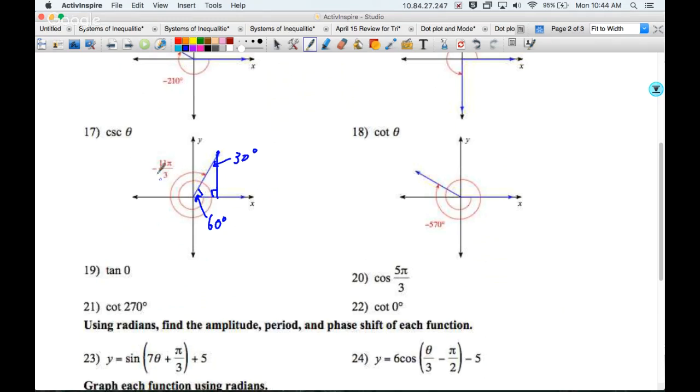Let's see. It's negative 11 pi over 3 to here, so that's negative, how should I count this? Negative pi, negative 2 pi, negative 3 pi, negative 3.5 pi, which would be then negative 7 pi over 2.